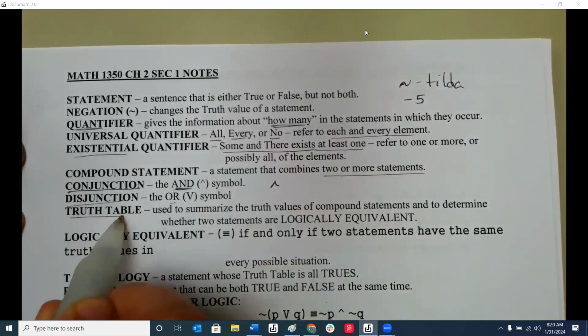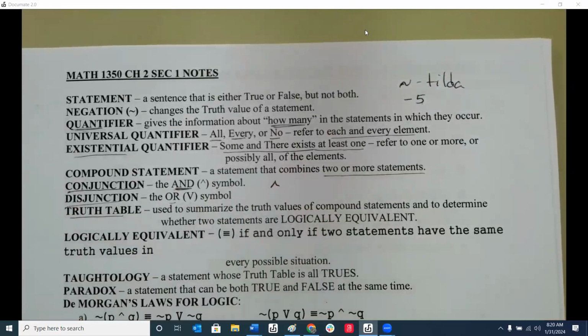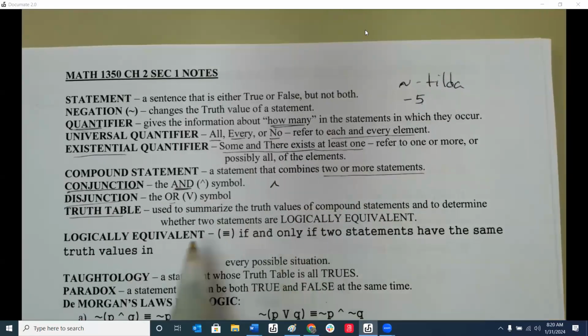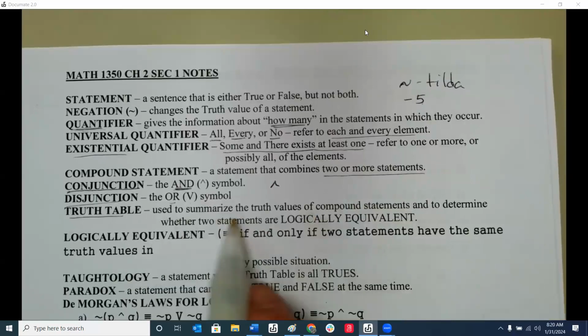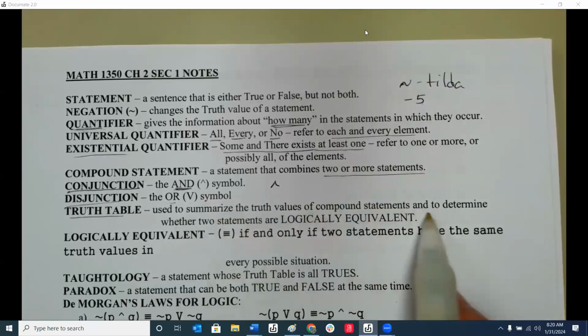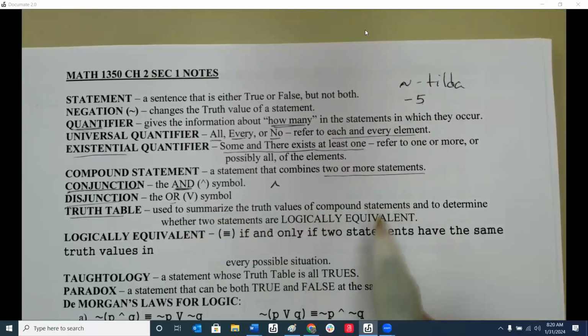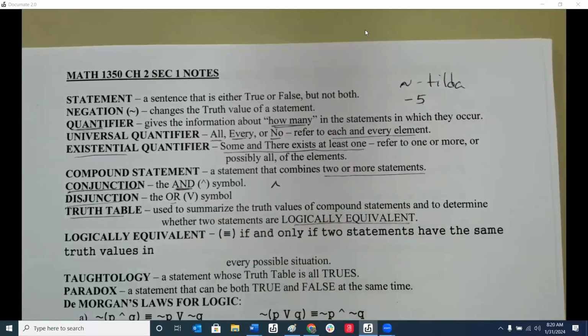The truth table. This is what we use to summarize the truth values of a statement. Then and only then can we determine if it's true or false. It's used to summarize the truth values of a compound statement and to determine whether two statements are logically equivalent. Not equal, logically equivalent.